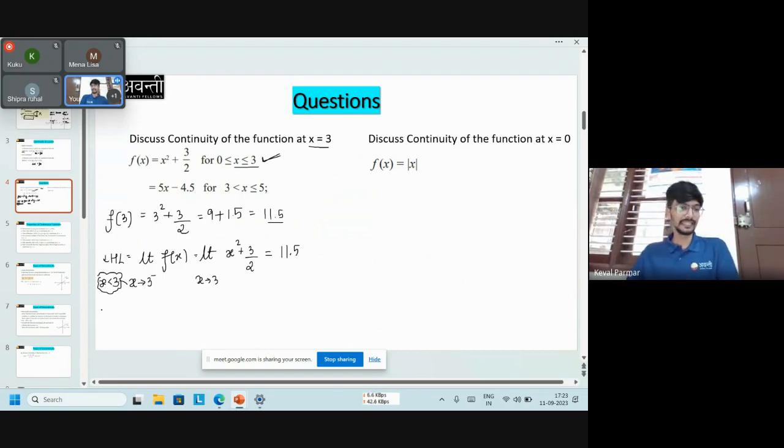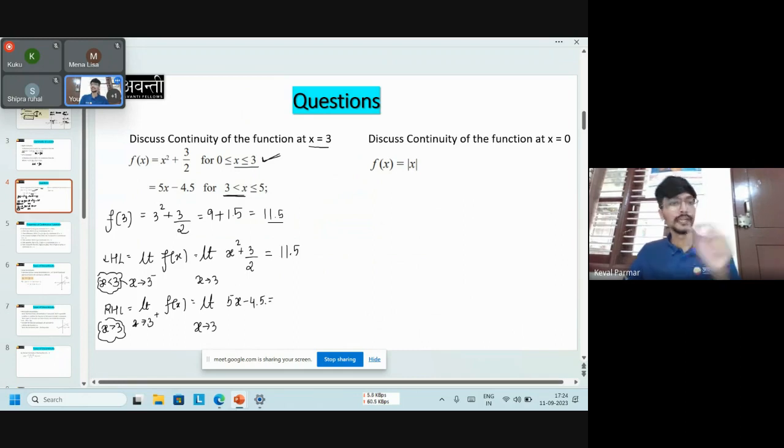Now let's check the right hand limit. Right hand limit means limit x tends to 3 plus. That means x is greater than 3. Now, if x is greater than 3, which definition will we use? This one. That means I can write limit x tends to 3, 5x minus 4.5.